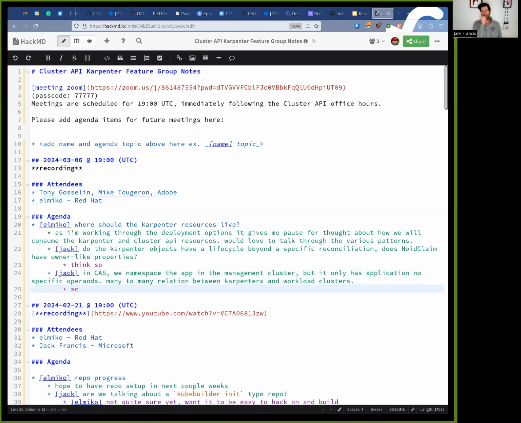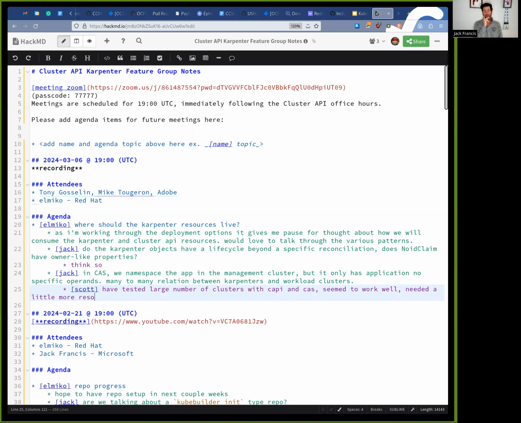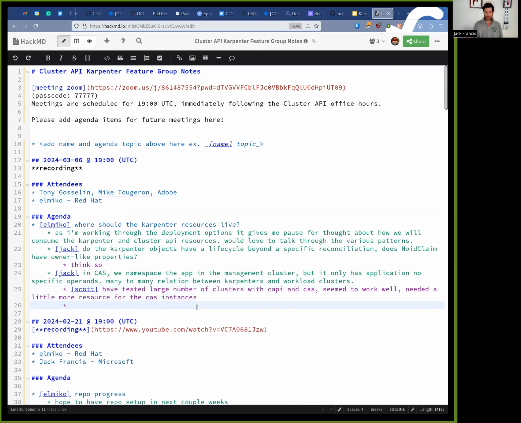So yeah, if we extrapolate that pattern to Karpenter, it's similar, with the addition that part of Karpenter's state machine includes the presence of CRDs that are continually maintained. So I would imagine you'll have a Karpenter runtime with a workload cluster specific namespace for each workload cluster.